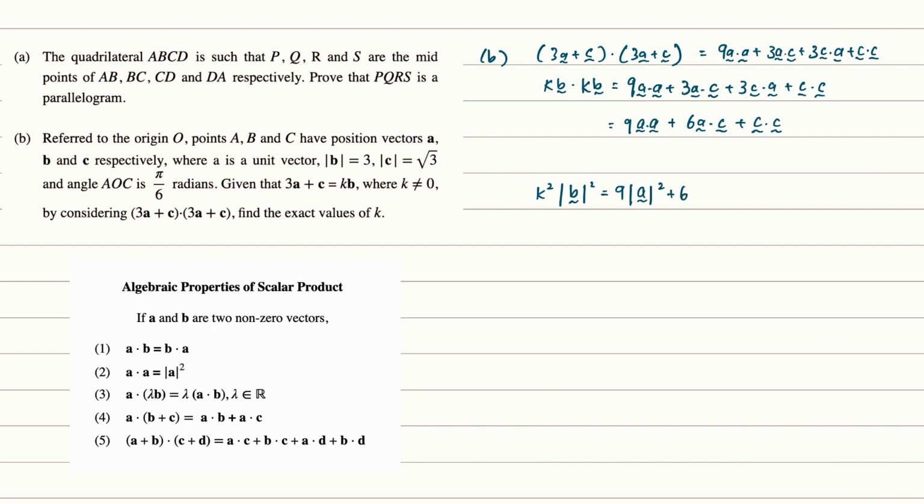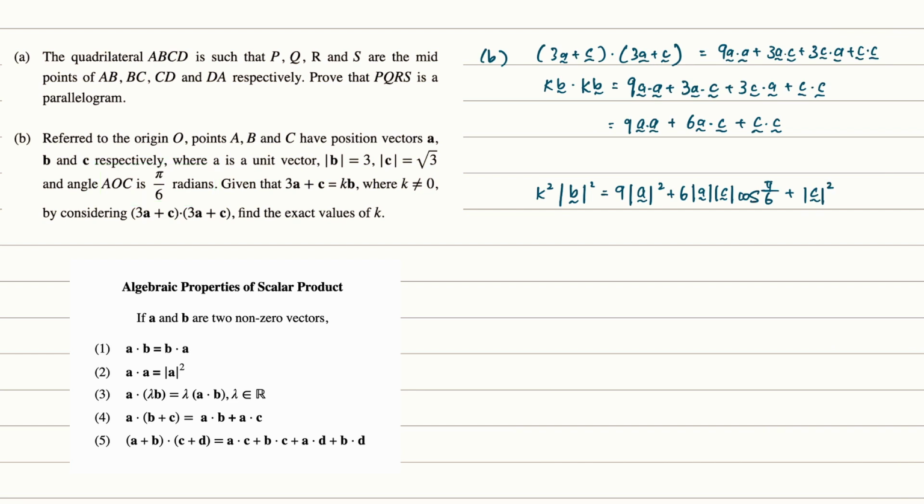In this case, we are going to use the scalar product, which is modulus of a, modulus of c, cosine pi over 6, because angle AOC in the question is pi over 6, plus modulus of c squared.